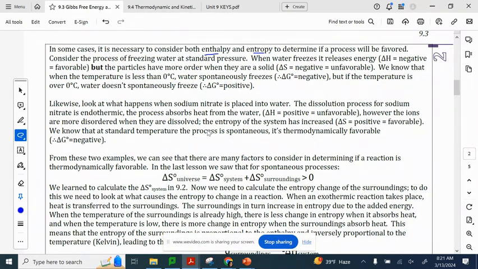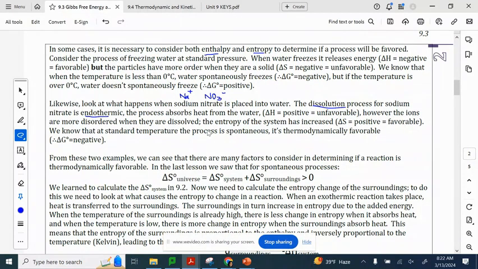Likewise, if we put sodium nitrate, we know that sodium and we know that nitrate, those ions, when we place anything with those ions in it, we're going to have a dissolution. That is endothermic, so it's going to absorb heat from water.